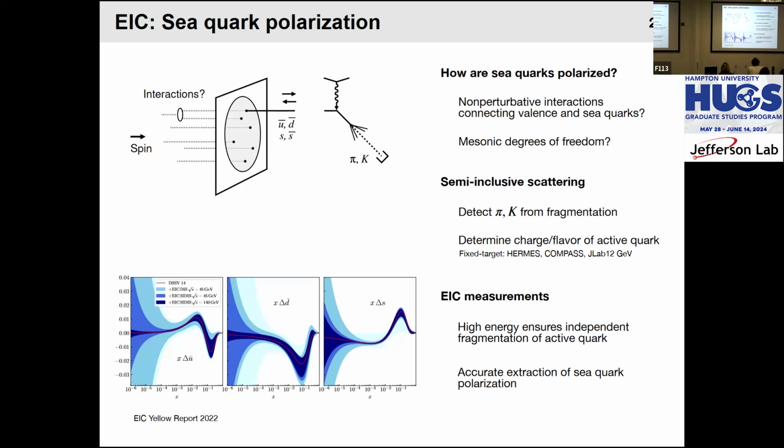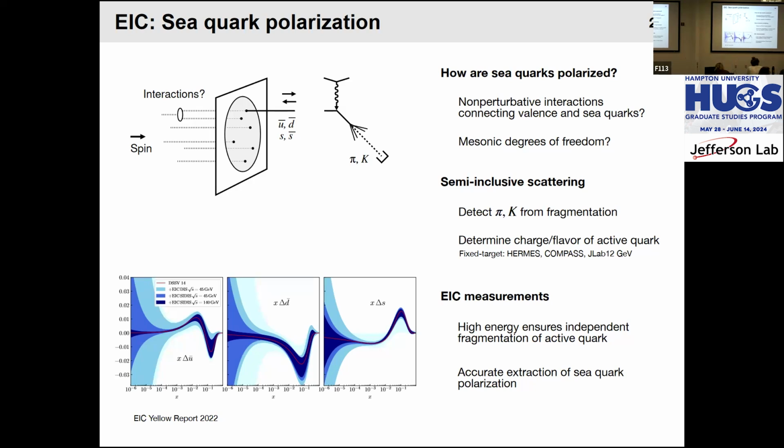As I said, this can be interpreted in terms of hypotheses about the non-perturbative interactions that create these anti-quarks. I don't have time to go into details here, but this is just one example of EIC measurements.